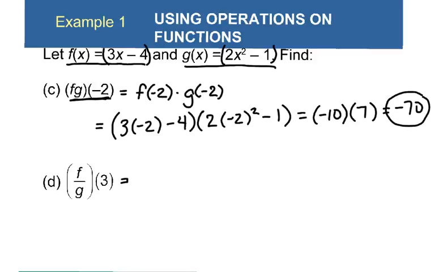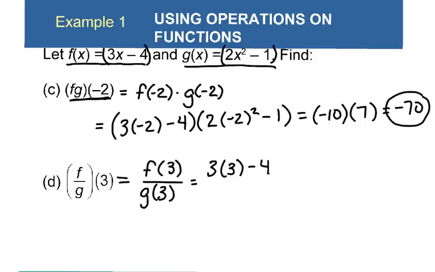Now division looks like this. We're going to say f of 3 divided by g of 3. And then we're going to simplify everything after we plug in 3 for our x value. So 3 times 3 minus 4 over, then our g of x function, 2 times 3 squared minus 1.